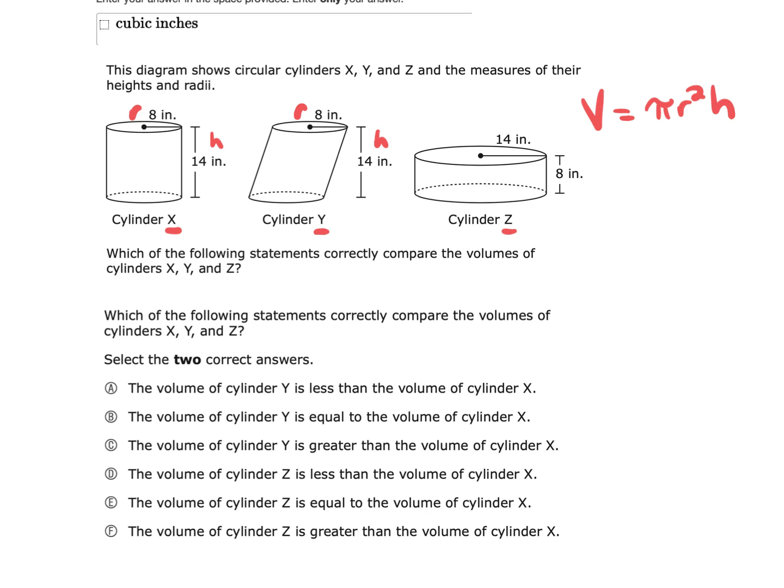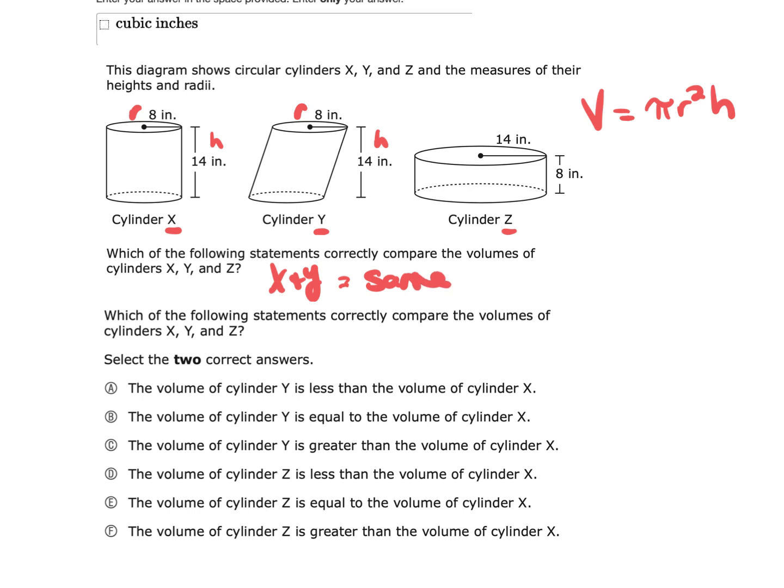So the numbers don't lie. If I plug in 8 and 14 into my volume formula, I'm gonna get the same answer because the measurements are exactly the same. Okay, so just by looking, we know that the volume of X and Y are going to be the same exact value.